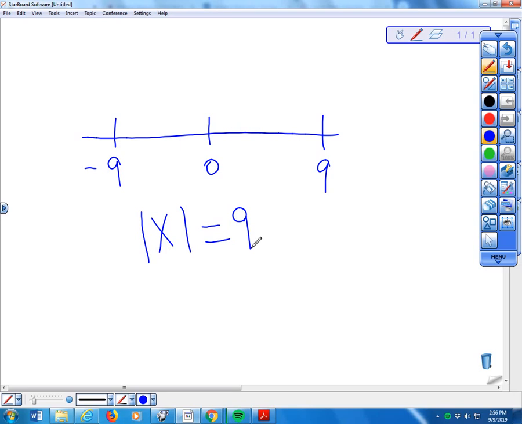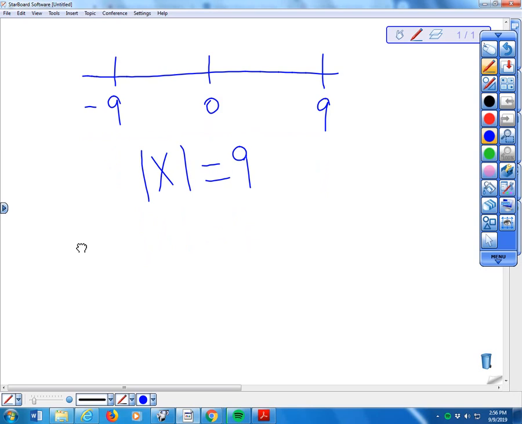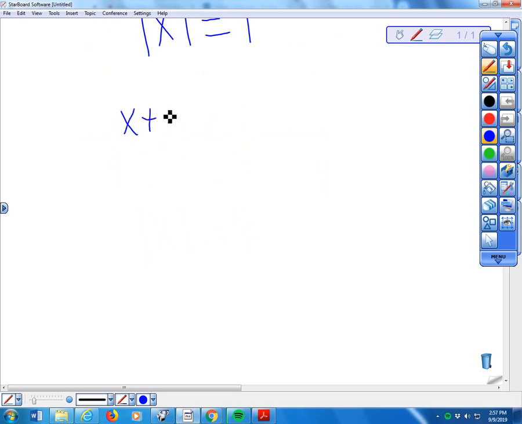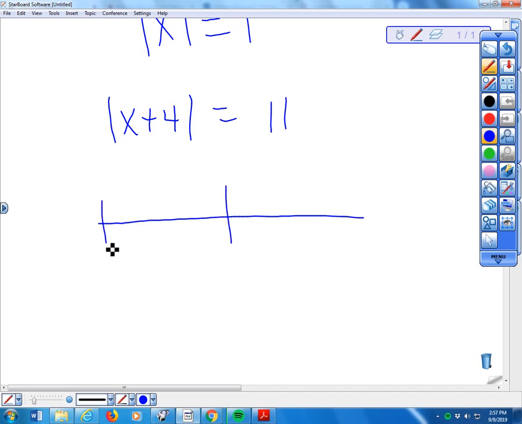Does everybody see that? If we add something a little more complicated, like this, what this is saying is what number, when I add 4 to it, is 11 units from 0. So if this is a -11 and this is +11, well, what number plus 4 is +11? 7.